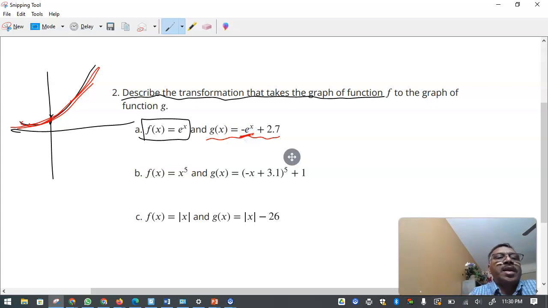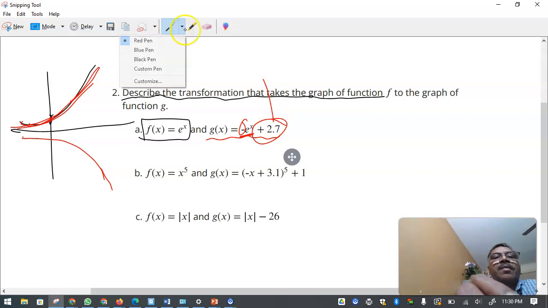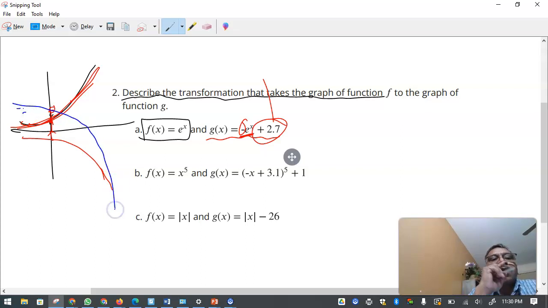That means first you reflect over, because there's a minus, and then you push it up. So this graph will translate 2.7 units up. This is 1, this is 2, and this is maybe 2.7. So this new graph will be something like this.